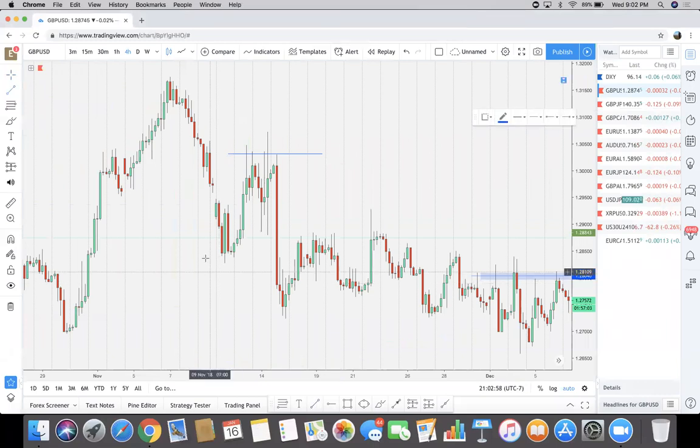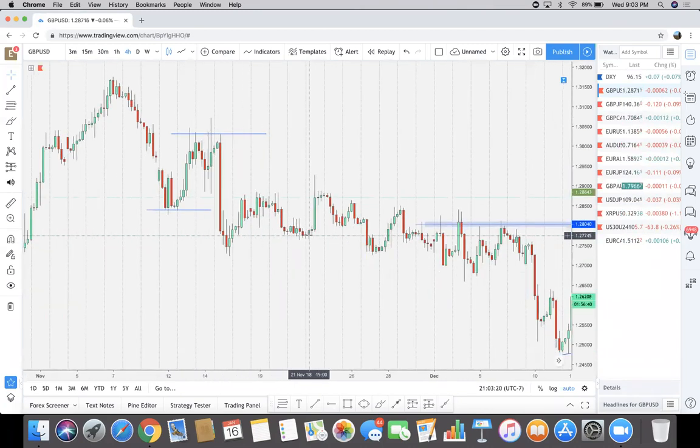And then this right here will be considered support right there. So there is our support level, and then here's our resistance level. And resistance is really just a ceiling, and then support is a floor.